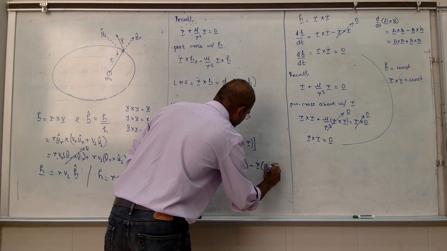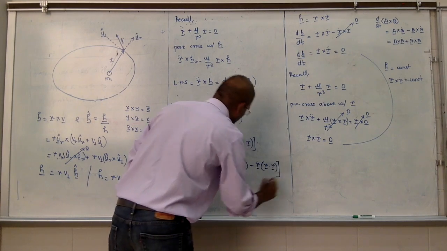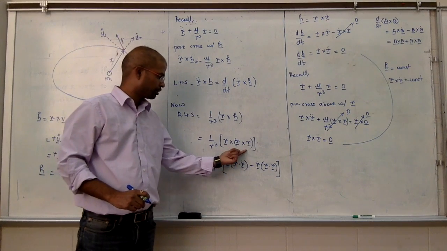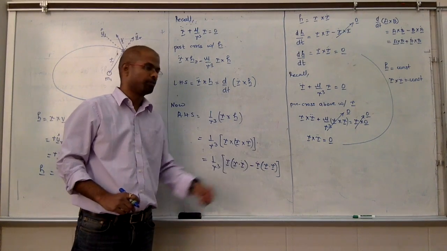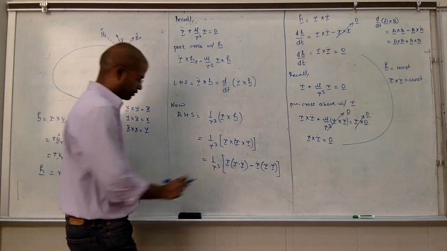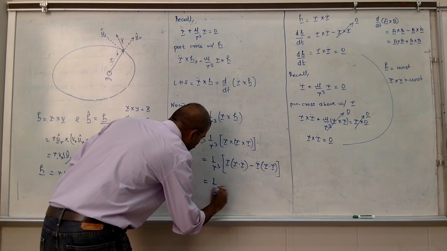When you're doing the BAC minus CAB rule, the cross gets converted to a dot. There is no cross in the BAC minus CAB. So this can be written as 1 over r cube.